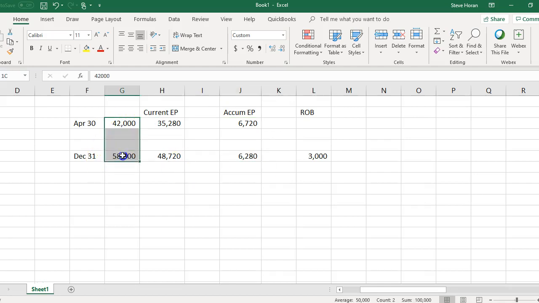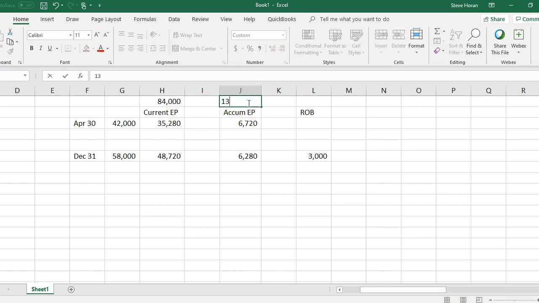The sum of these two is $100,000. My current E&P throughout the year was $84,000, and my accumulated was $13,000. The sum of those two numbers is $97,000. So I dividend away $100,000 based on E&P of $97,000, so that extra $3,000 is return on basis.